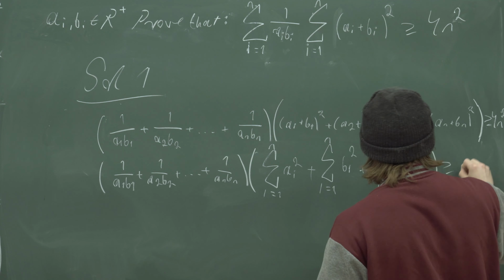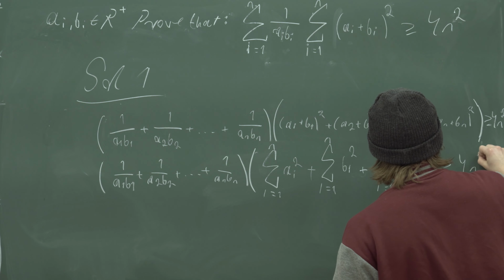We close the parentheses off and rewrite 4 times n squared.